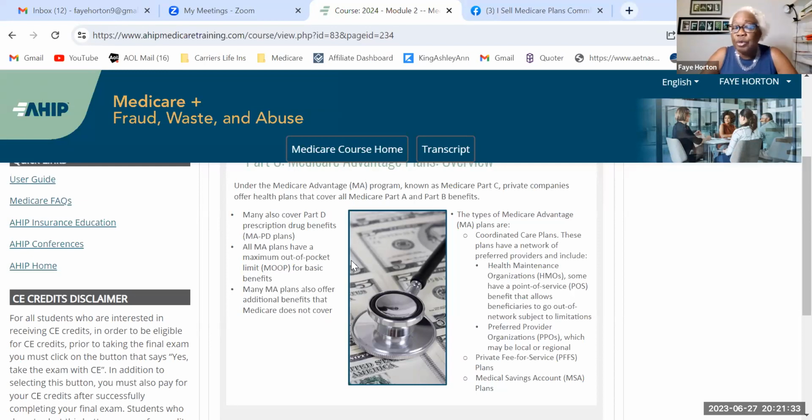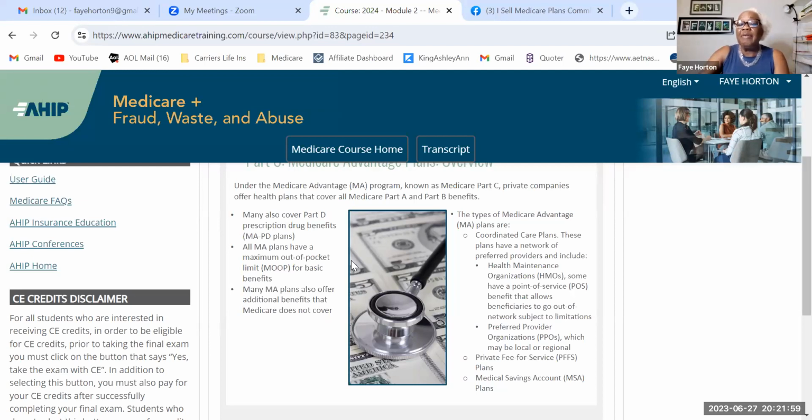It does not include the out-of-pocket costs for prescription drugs, and it's only for covered medical expenses. But every plan has a MOOP, a maximum out-of-pocket. Many Medicare Advantage plans also offer additional benefits that Medicare does not cover.